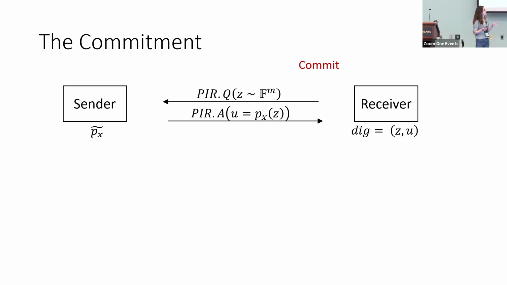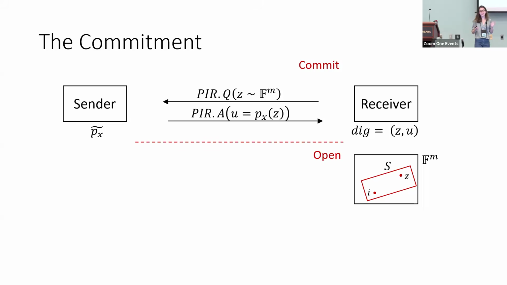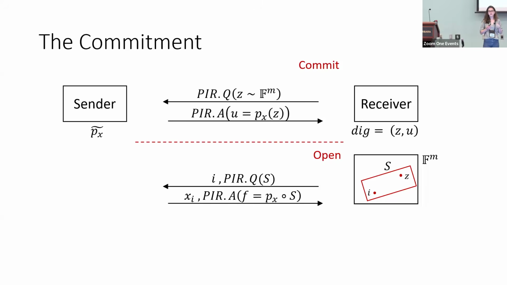So we have the digest, and now to open an index I, the receiver samples a random plane in the space that contains both the point I and the secret point z, and it queries each point in it using PIR. So now the response of the sender should be the restriction of the polynomial to this plane.